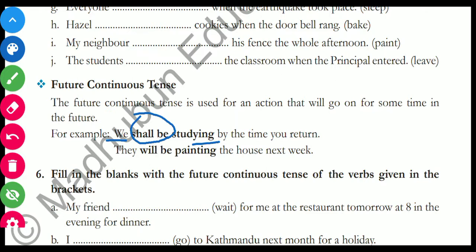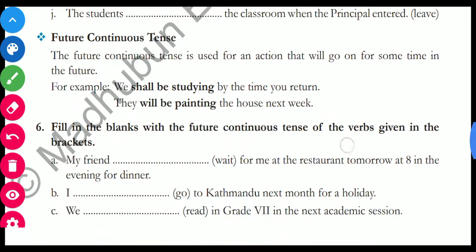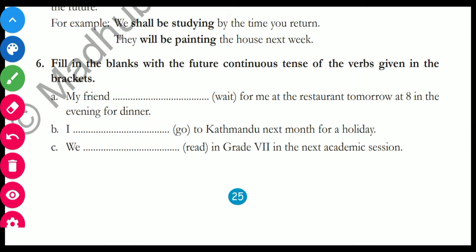Okay, now coming to the sixth exercise with the help of the rule. Again, subject plus will be or shall be plus verb in its ing form. Fill in the blanks with future continuous tense of the verbs given in the brackets. My friend dash wait for me at the restaurant tomorrow at 8 in the evening for dinner.